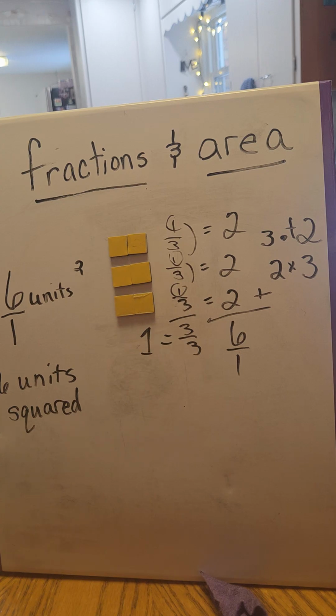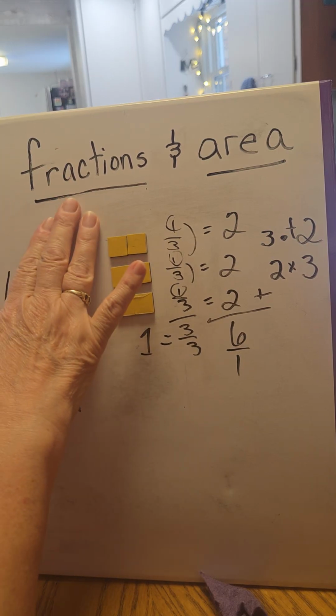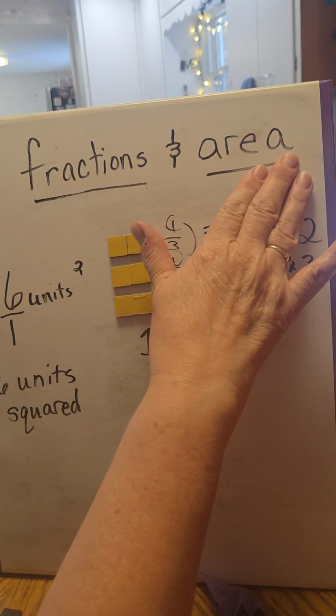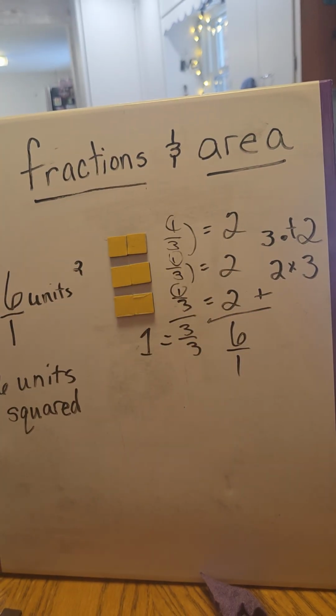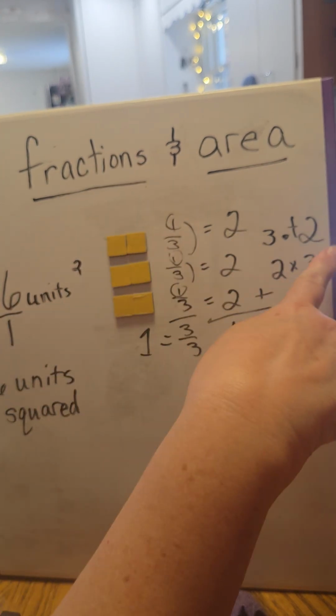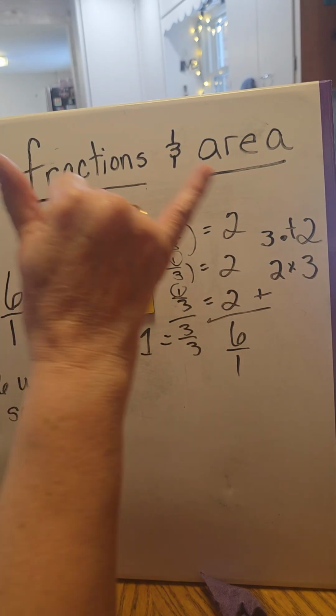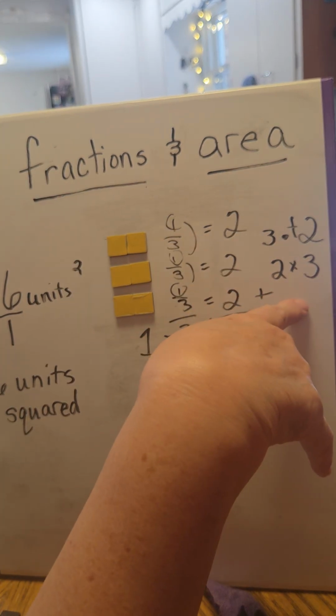We just did 2 important things. We're reviewing fractions. We're reviewing area. We're talking about how the 2 go together. Yeah. This thinking right here, and we reviewed that repeated addition is the same as multiplying.